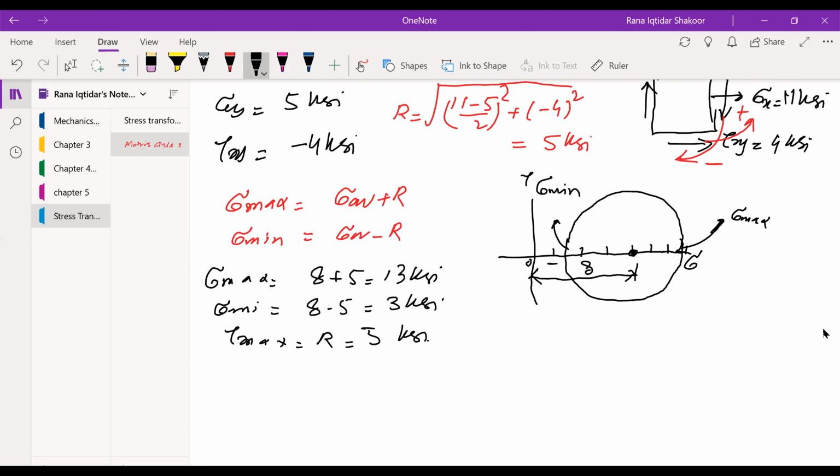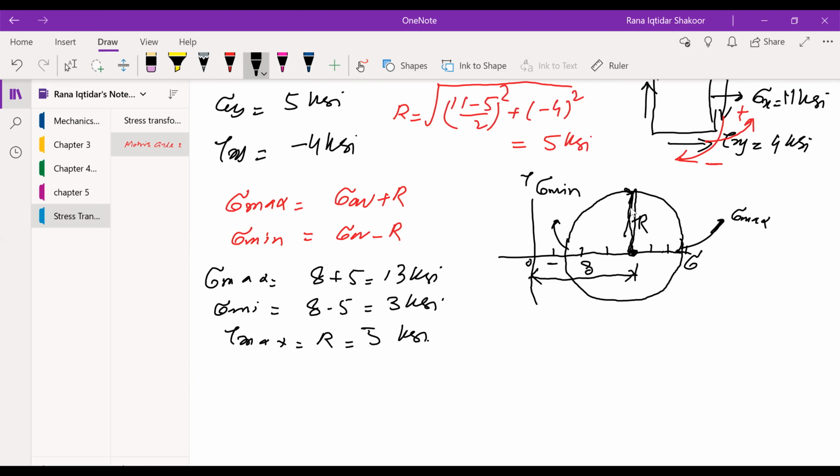This will be the tau max value, and this will be R, right? So that will be 5 ksi.